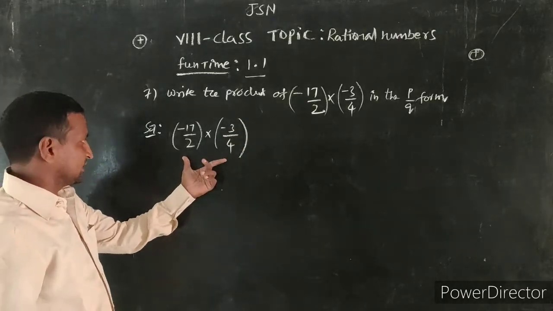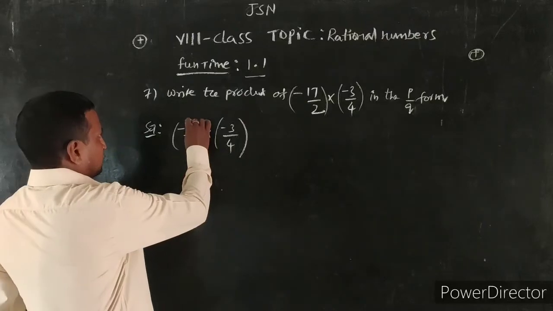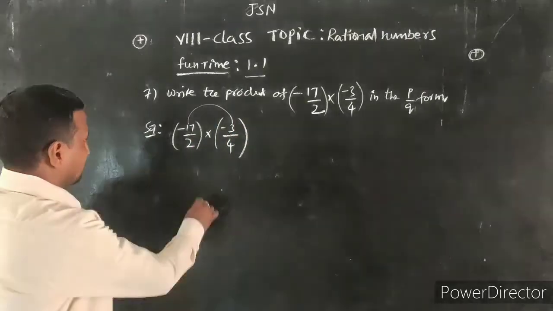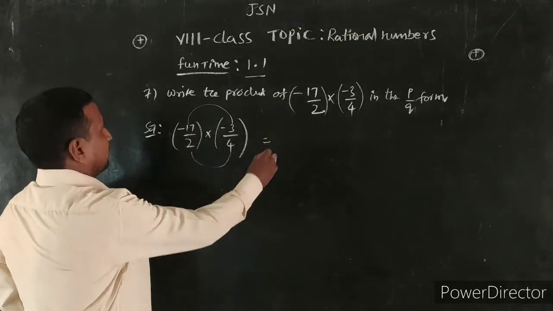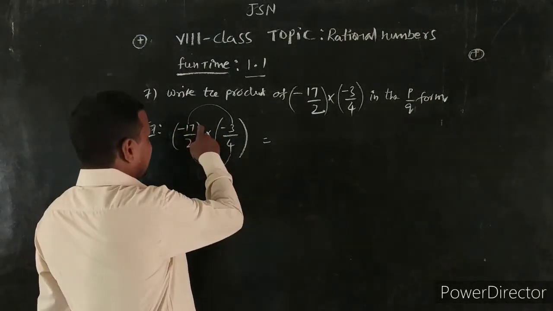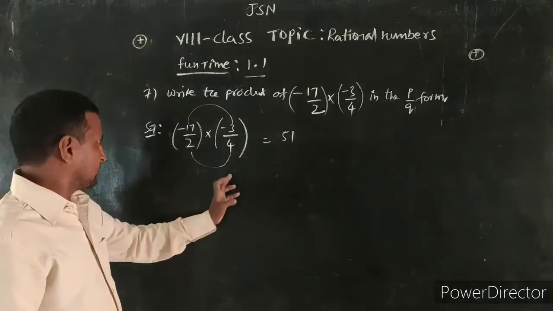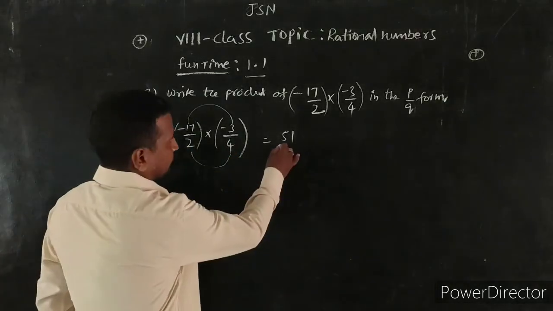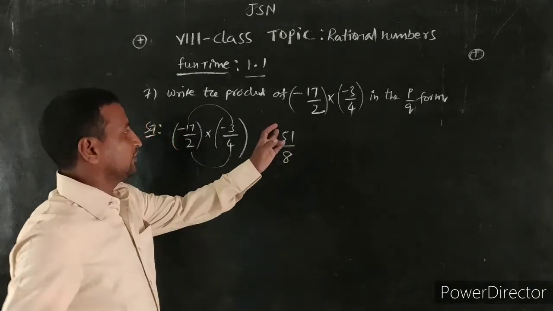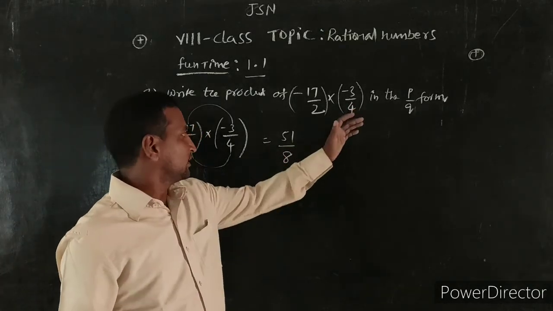So here clearly the product of two rational numbers means the product of the numerators by the product of the denominators. So minus 17 into minus 3, minus into minus is plus, 51 by the product of the denominators, 4 into 2, 8. So 51 by 8 is in the P by Q form.